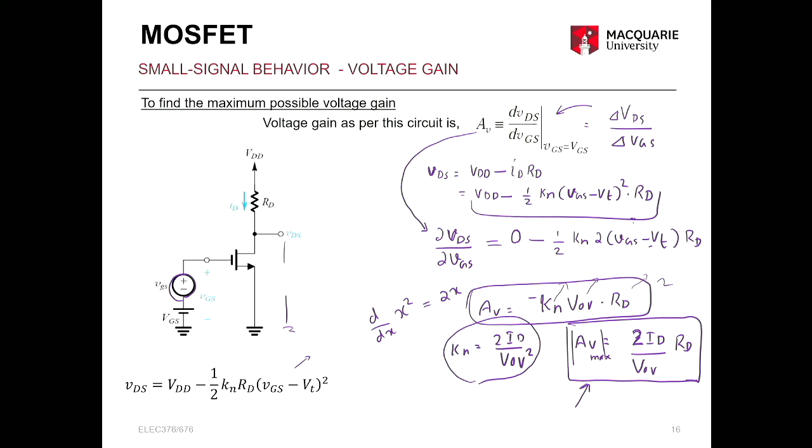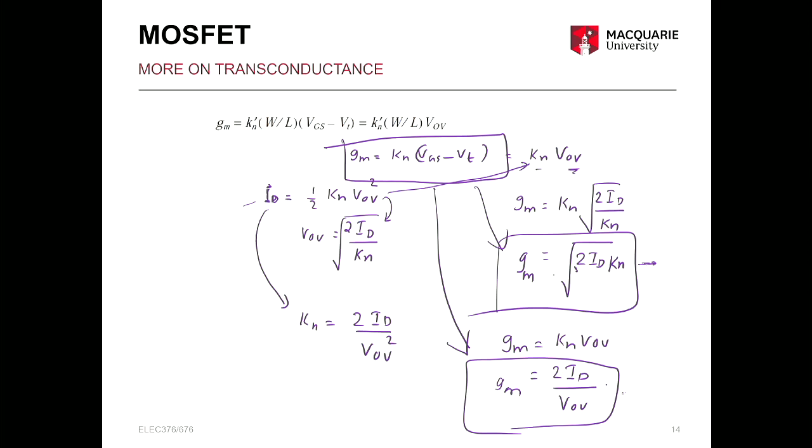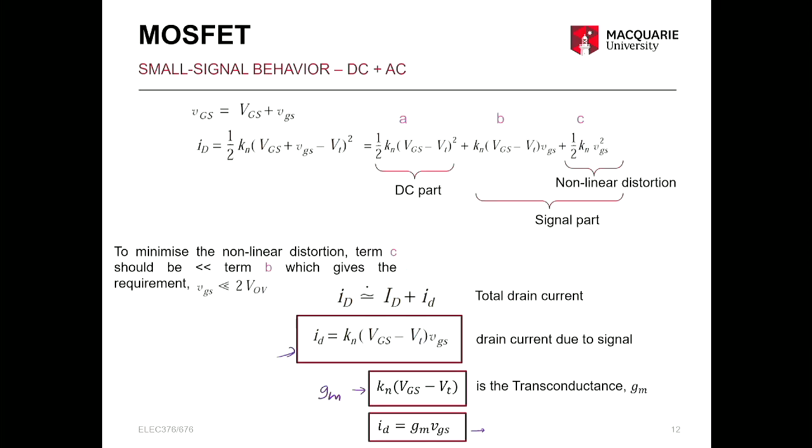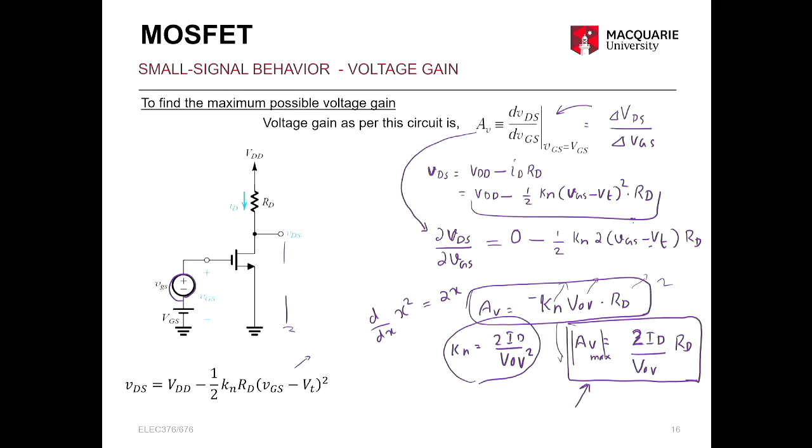Yeah. So that's not the maximum gain. In order to find the maximum gain, it is derived from the same formula. The modulus of the maximum gain, you can get as 2ID divided by VOV times RD.